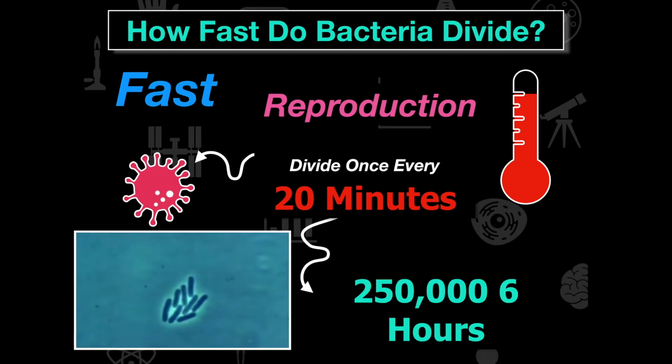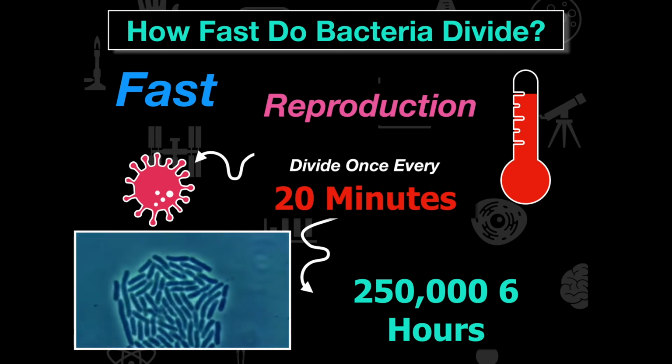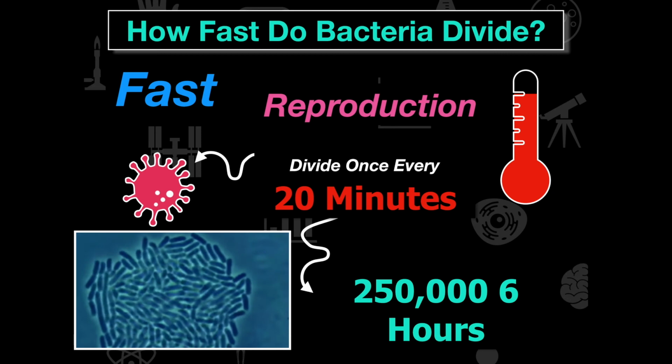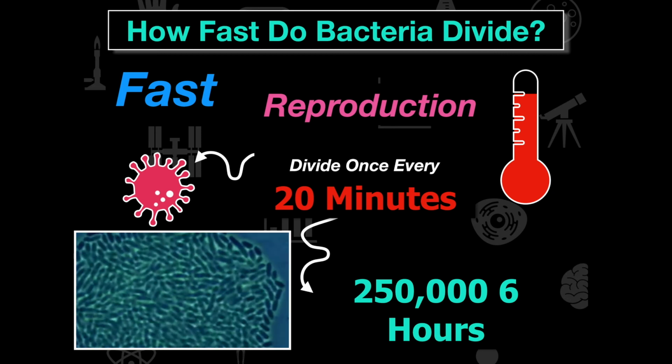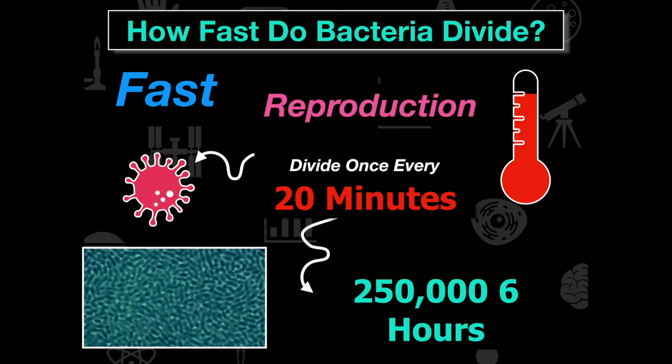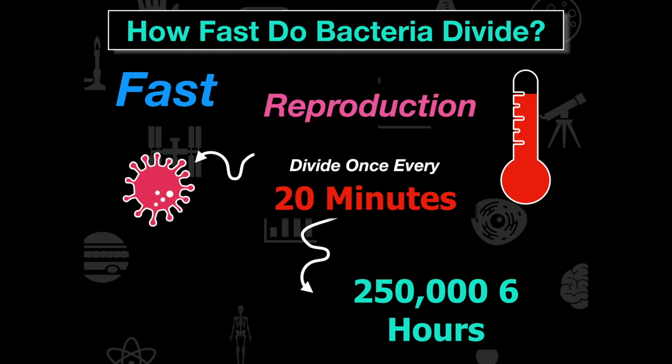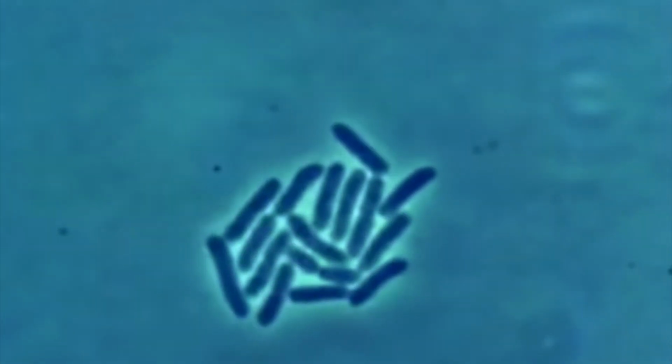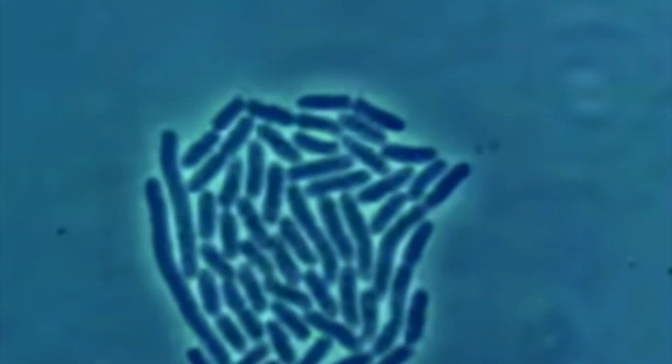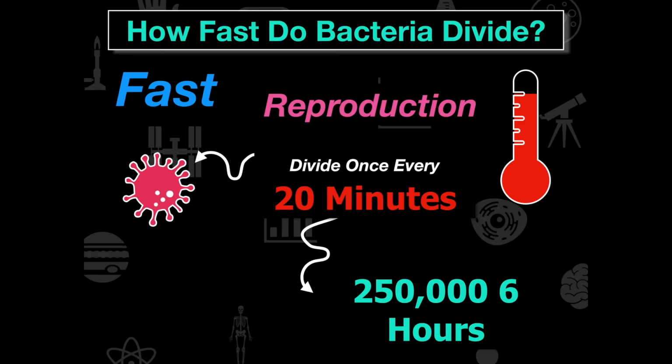So if we were to just let bacteria go for 6 hours and divide, we would get 250,000 bacterium. There's a lot of bacterium over the course of one 6-hour span here. So these plasmids are really just extra pieces of DNA that are allowing these bacteria to evolve and adapt to what we would consider inhospitable environments and allow them to reproduce faster and really evolve and adapt to environments quicker.